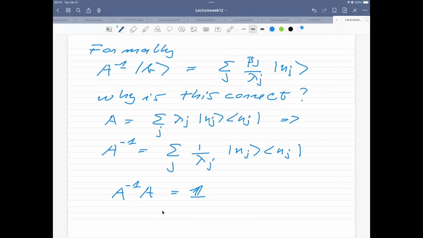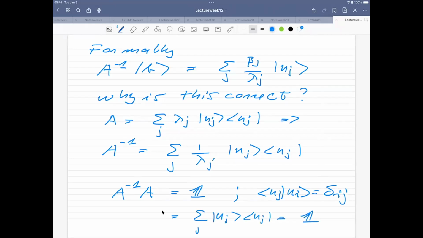And in our case now, if you multiply this matrix A in the spectral decomposition with its inverse, you will quickly see that due to the orthogonality, you need to keep in mind that these states are orthogonal. So when you look at the inner products, this is simply delta ij. And when you multiply these two, what you're going to get is the completeness relation of Uj, which is simply the identity matrix. So this is an important aspect.